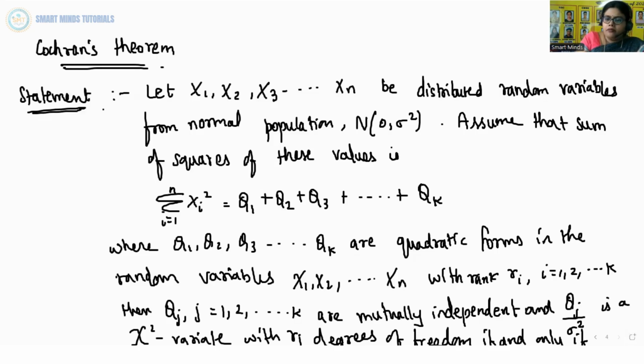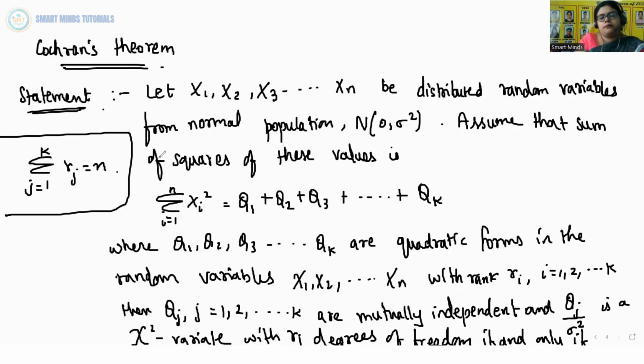If and only if, the condition I am writing it over here, if and only if sigma j is equal to 1 to k, rj is equal to n. So this was the statement.